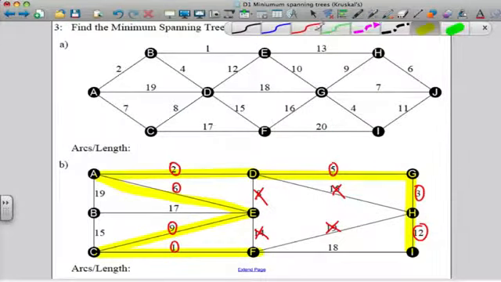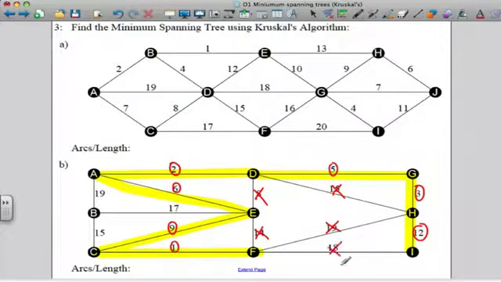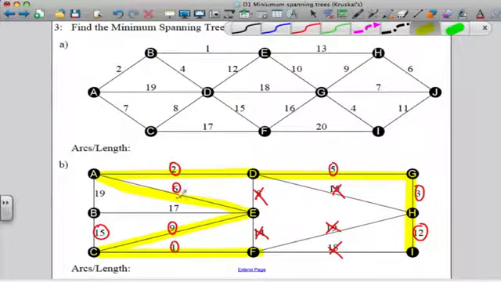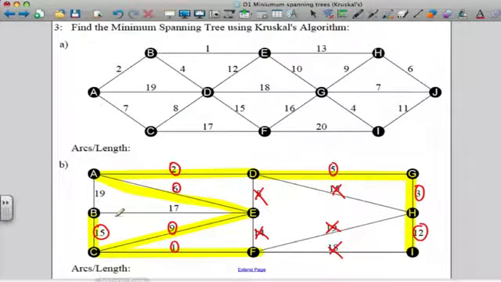Okay, now what could I include? Well, actually, I can see I'm nearly done now. The only thing I've got to include is this one in here. This 18 would create a cycle, and so I'm looking for the smallest out of these here, and the smallest is the 15. So I'll include that here, and I'll get myself the BC here.